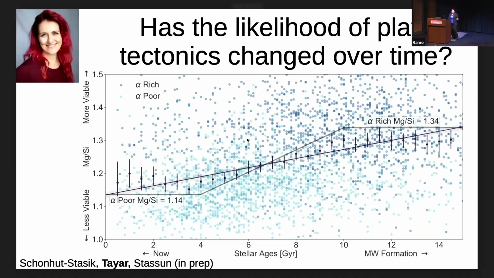And similarly, if you're thinking about composition and habitability and how the different relationships of different chemical elements will affect things like the possibility of plate tectonics, we know that those ratios of chemical elements have changed over time. And so that's another place where you're really going to need an age that means something if you want to think about how the details of habitability are starting to evolve over galactic timescales.